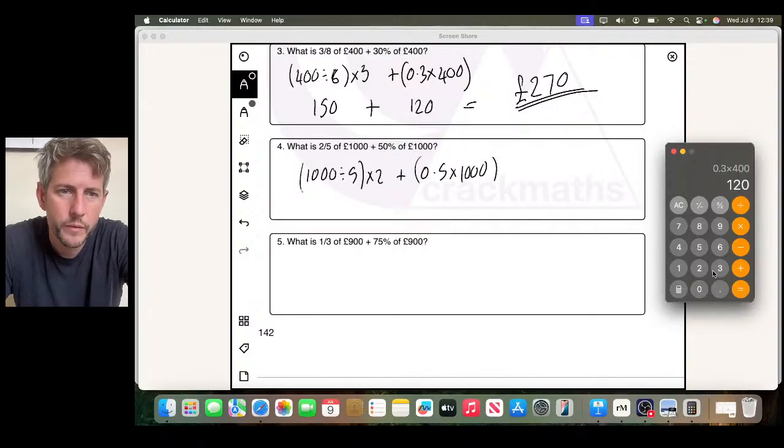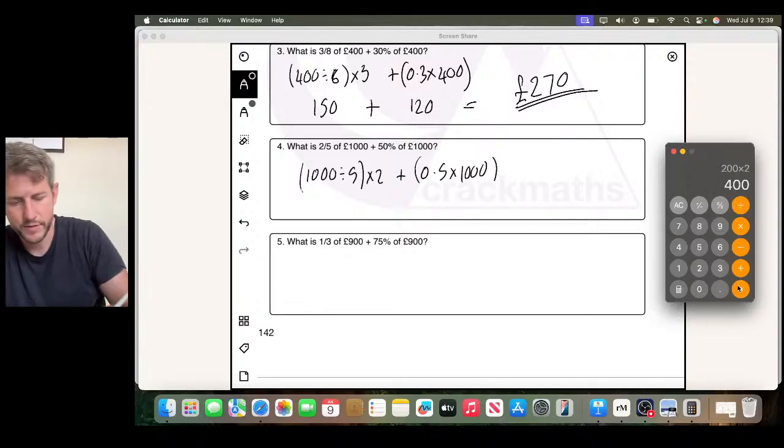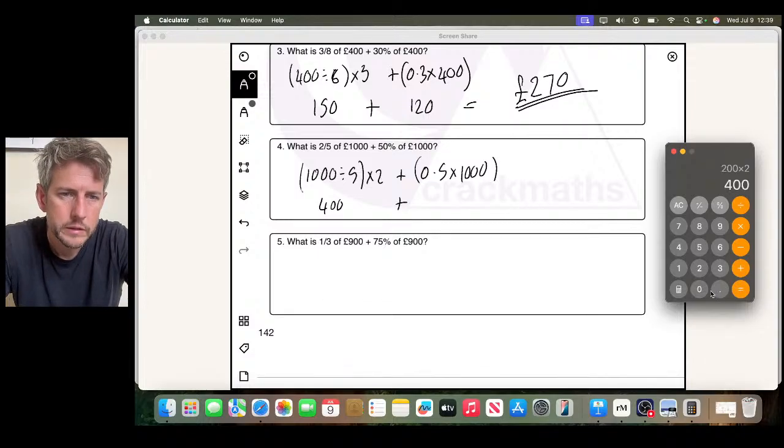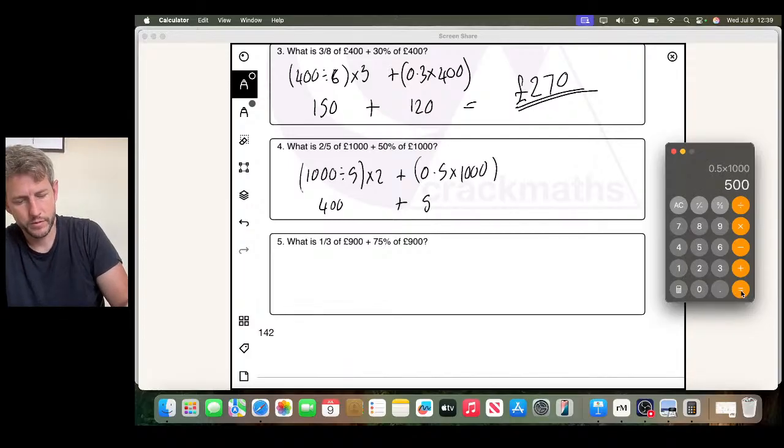So 1,000 divided by 5, times by 2, is 400. Plus 0.5 times 1,000, which is 500. So that altogether equals £900.